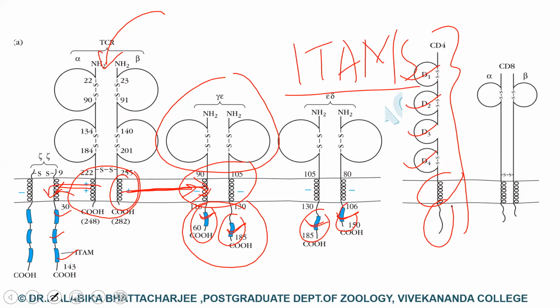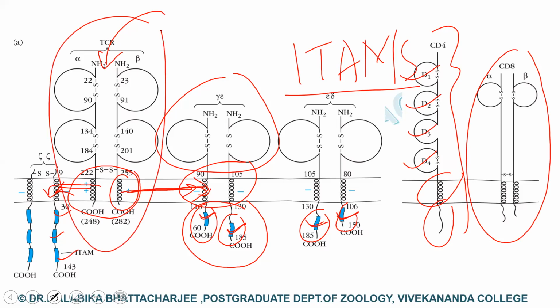When we look at the CD8 receptor present on the T lymphocytes, they recognize the antigen complexed with MHC class 1. CD8 takes the form of a disulfide-linked alpha beta heterodimer or homodimer. That means the original T cell receptor is also an alpha beta heterodimer.